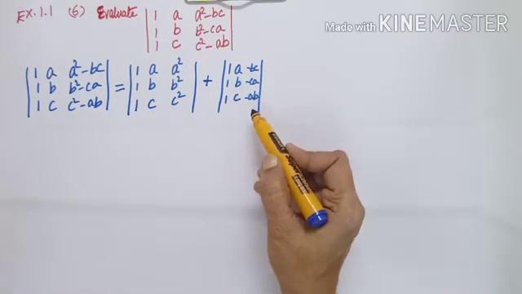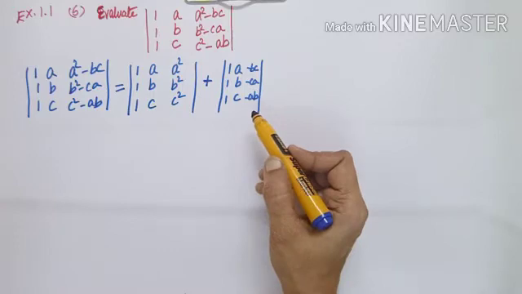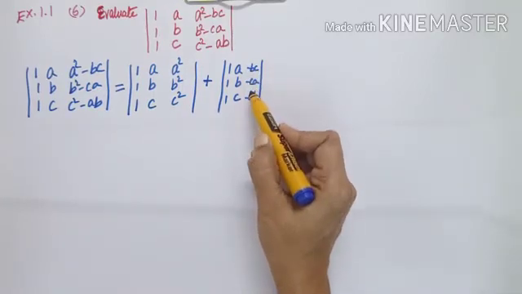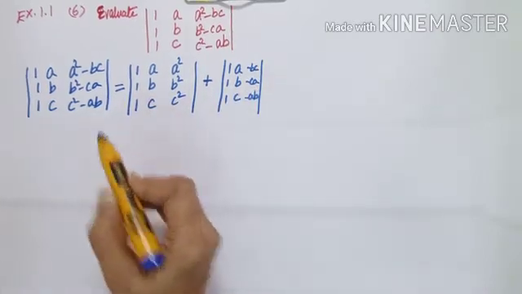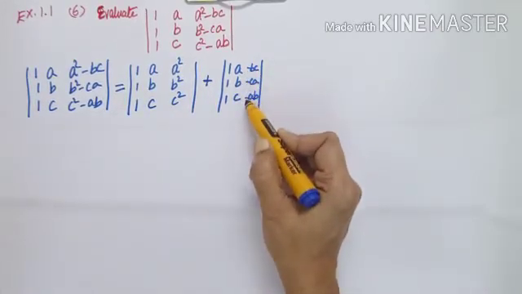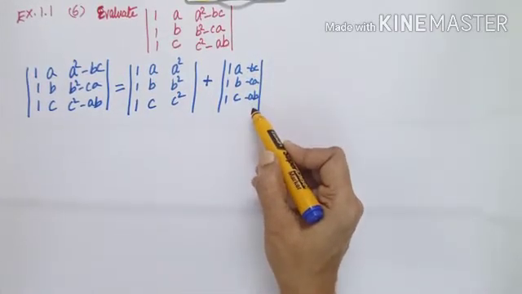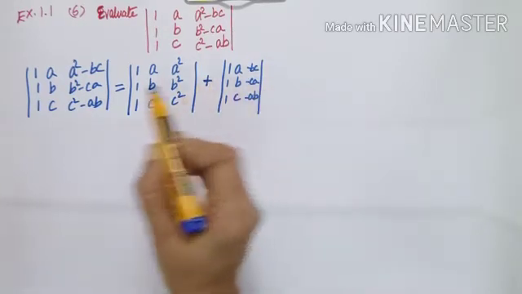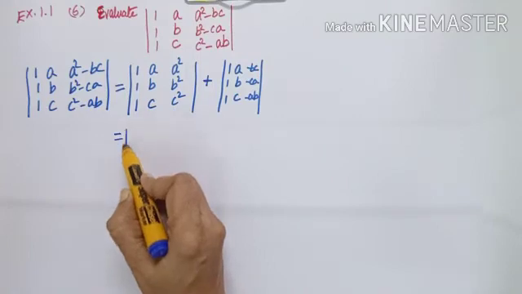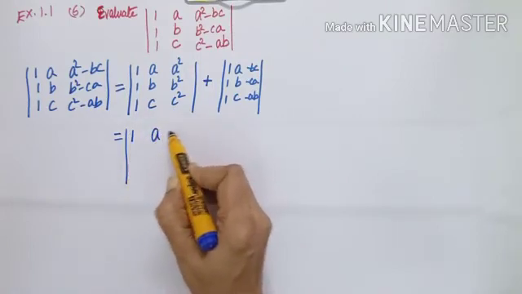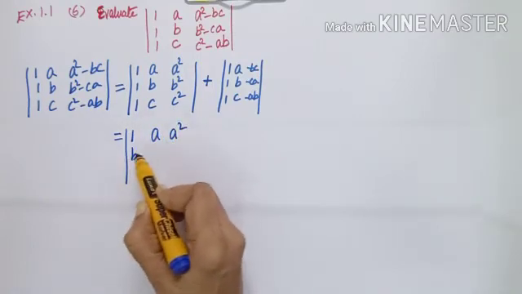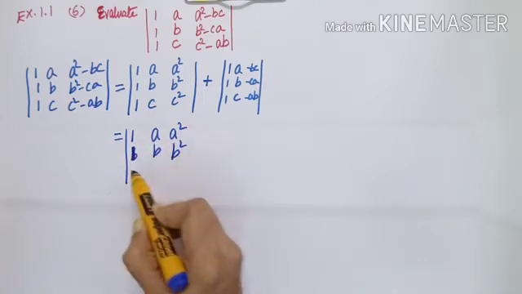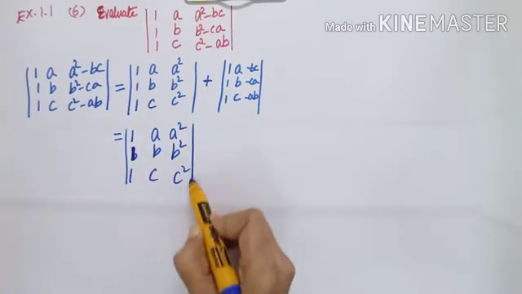Now, we learned if a number is common, I can bring it out. So here minus symbol is common in C3. C3 means column 3. Take minus symbol out. So my next step is 1 a square, 1 b square, 1 c square.